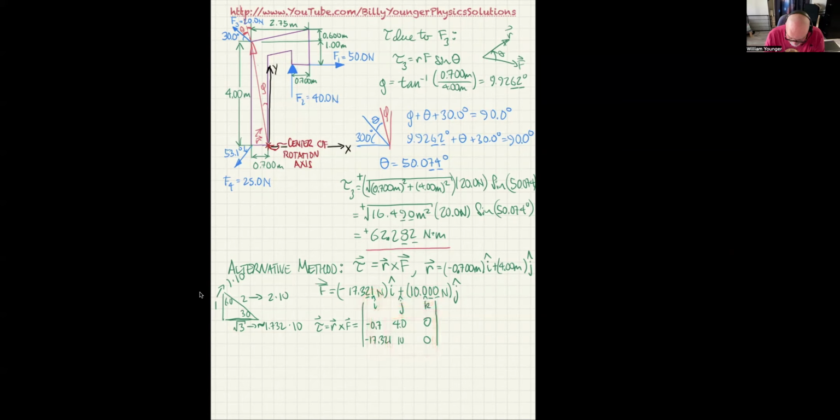You write the i hat, and then write negative 1 to a power, specifically the row and column number of the i hat added together, and then take the determinant of the remaining matrix, which is this guy: 4.0 times 0 minus 0 times 10. That's the actual determinant.